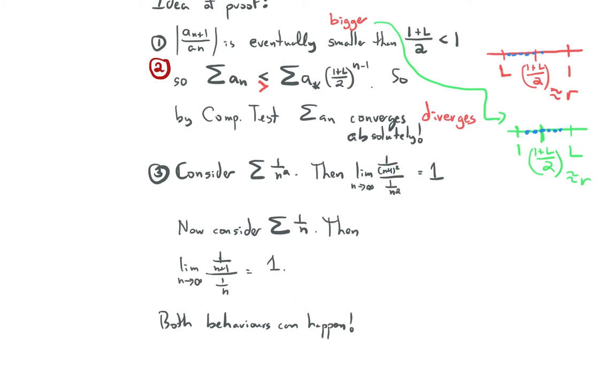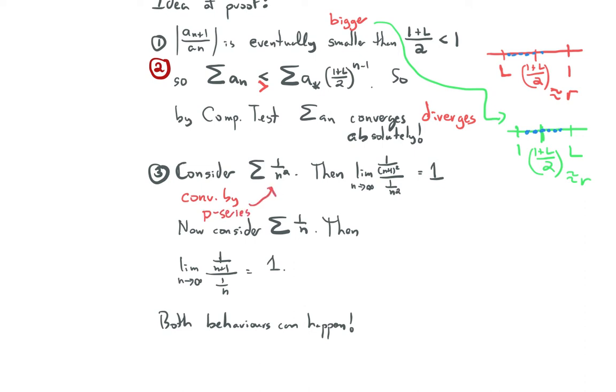I can leave this as a small exercise for you, but it should be fairly straightforward to realize that you're going to have the same degree leading term in the top and bottom. They both have coefficient 1, so the limit is going to be 1 here. And we know by the p-series test, this converges.